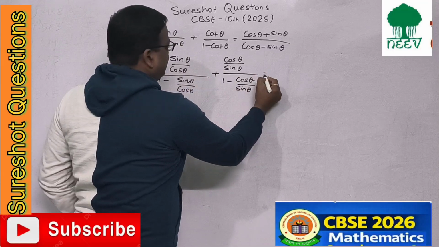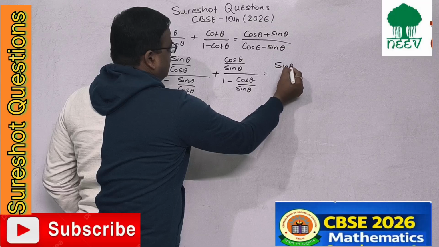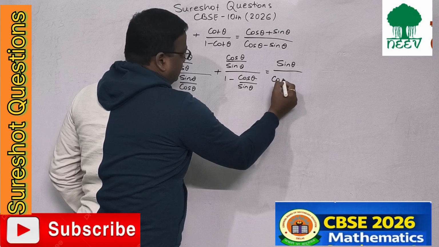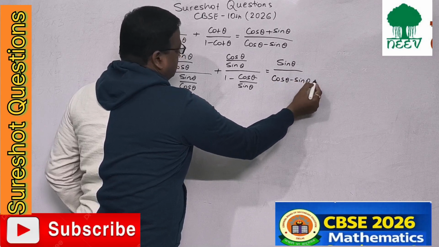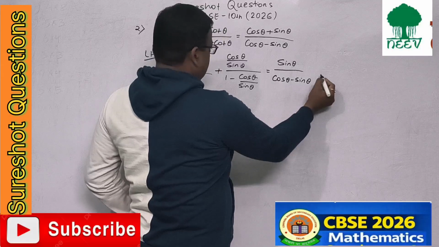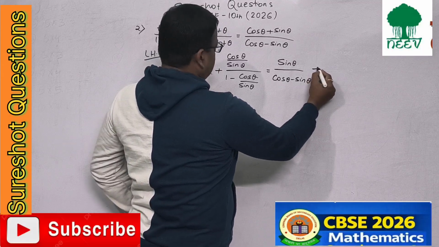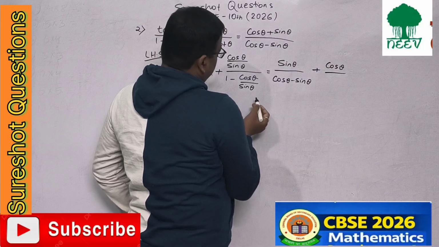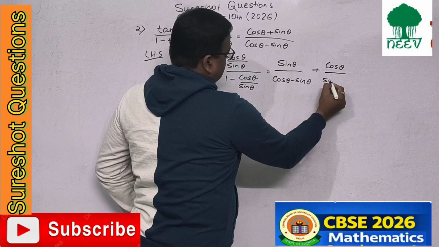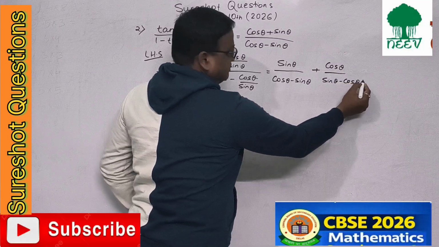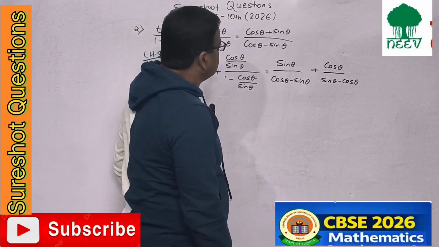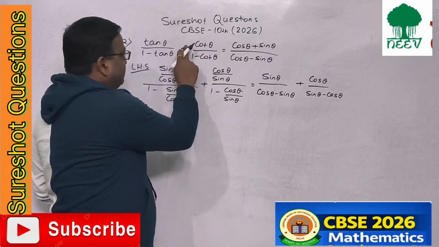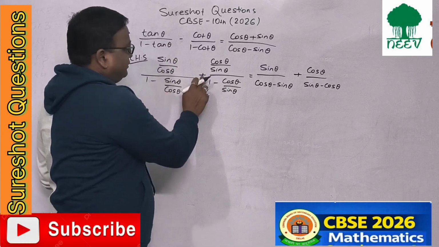So your next step will be, this is sin theta, this cos will get cancelled, and we will get cos theta minus sin theta plus cos theta upon, and I think this will be minus in the question.